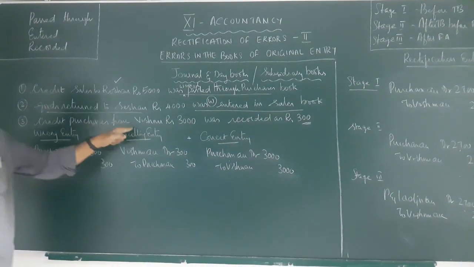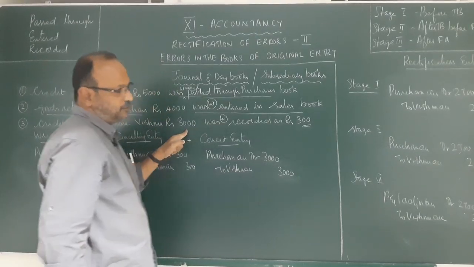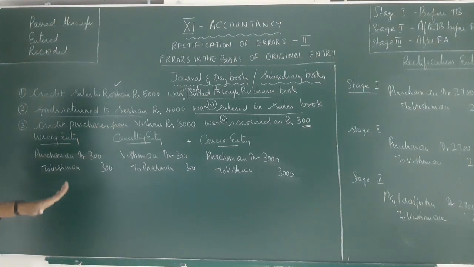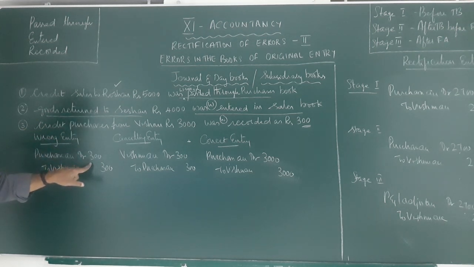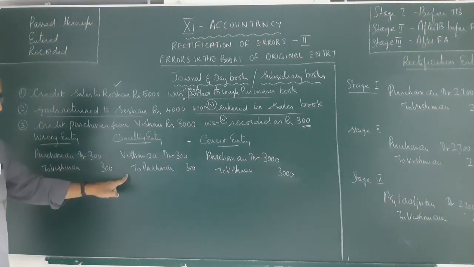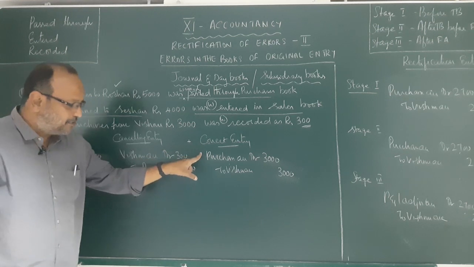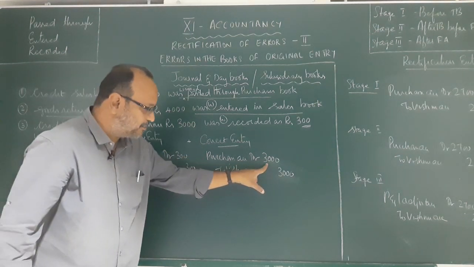Again, once again, the same rectification entry. Credit purchases from Vishnu rupees 3000 was wrongly recorded as rupees 300. There is no mistake in the book. The book is correct, but the amount is wrong. Purchase account debit to Vishnu account, that is actual journal entry, but the amount is wrong, 300 rupees. Cancelling entry, we reverse it. Vishnu account debit to purchases account 300. What is the correct journal entry? Purchase account debit to Vishnu 3000.